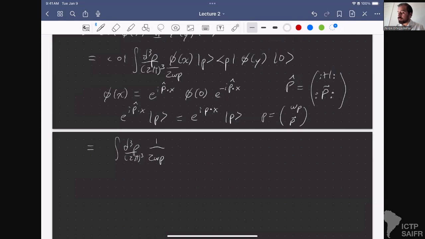So these become numbers, such that this is equal to e to the minus i p dot (x minus y), and the matrix element of the operator at zero with the state of momentum p, squared.